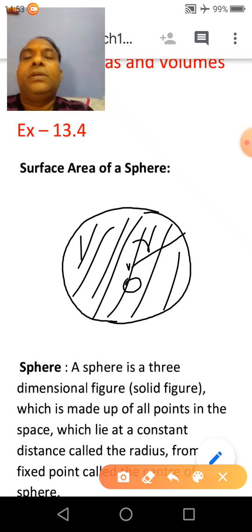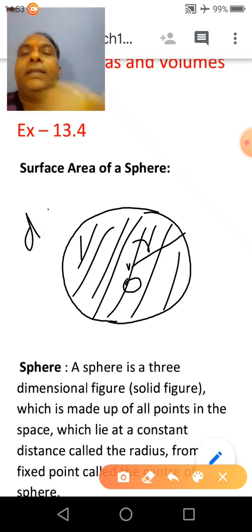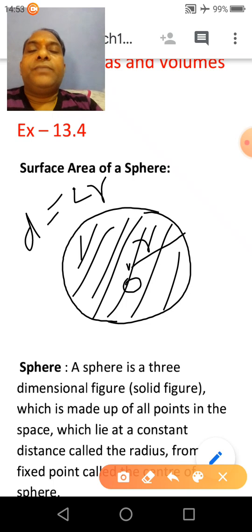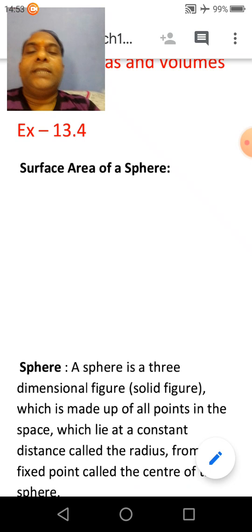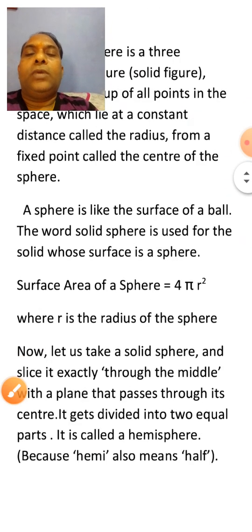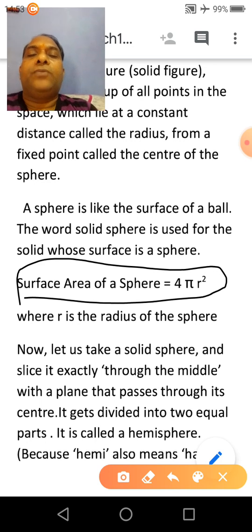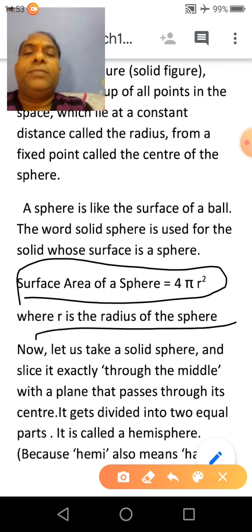Clear? And D is equal to 2R. Clear? So total surface area of sphere is equal to 4 pi R square. Total surface area or surface area of sphere is equal to 4 pi R square, where R is the radius of the sphere.